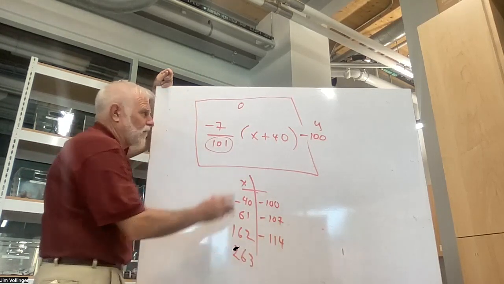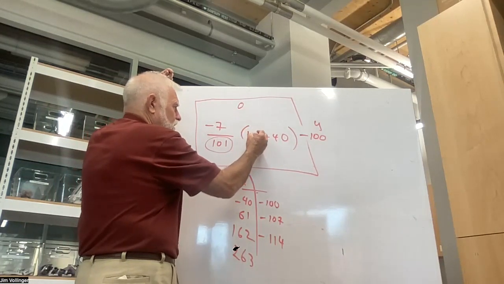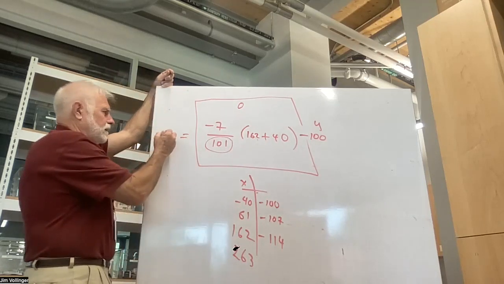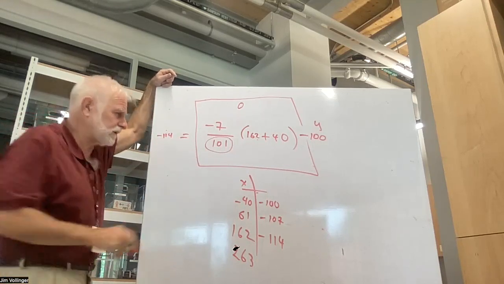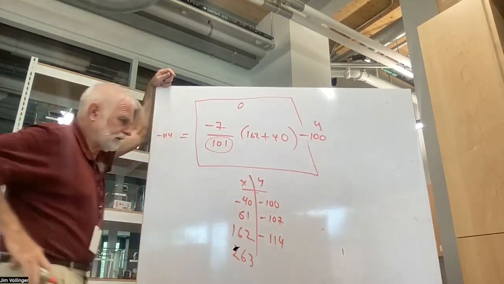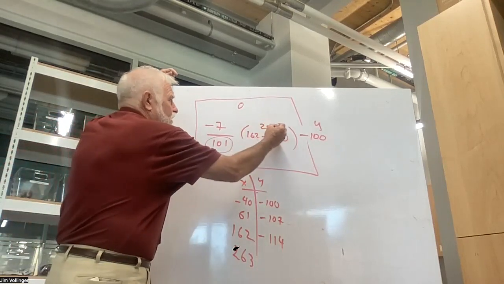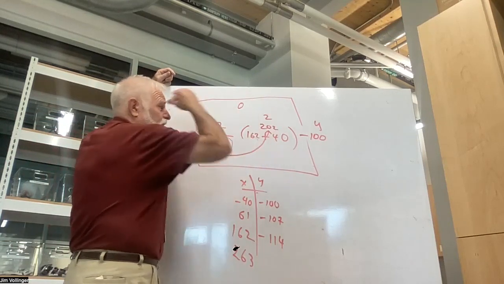It's always nice to check one of these. Let's do 162. And let's go -114. Because I've made very many careless errors as I get older. And let's just check that out. 162 plus 40 is 202. Oh, I like that. That's a multiple of 101. 101 goes into 202 twice.